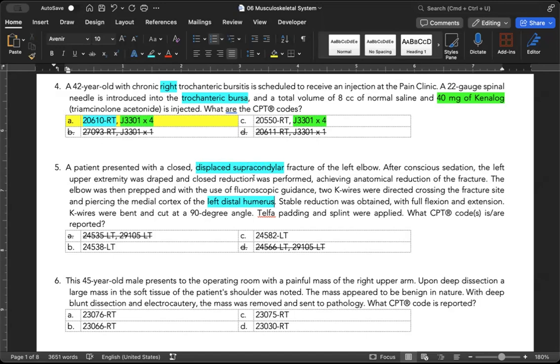Okay. So it should be the 24538. So Don, you were right. Stop second guessing yourself. I think I got confused. Yeah, so the 38 includes the supracondylar, which is what we've got here, whereas the 24582 is just humeral condylar. Okay. So don't skip over those little words here. Okay.